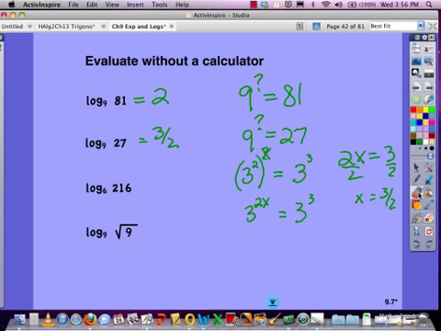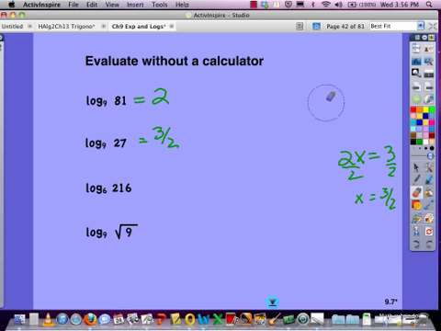Okay? Now we go to the next one, third one in line. What is the exponent of 216 if I'm in base 6? So again, the brain is saying 6 to what power, because these numbers are a little bigger, equals 216. Now you could sit there and take your calculator again and say, 6 to the first is 6. 6 to the second, 36. 6 to the third, oh, is that 216?